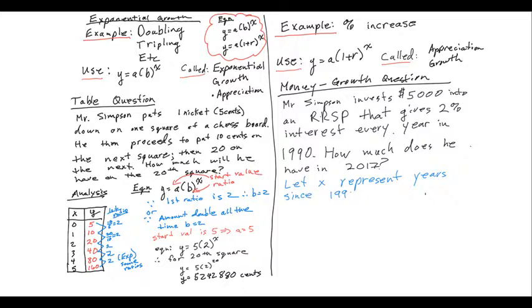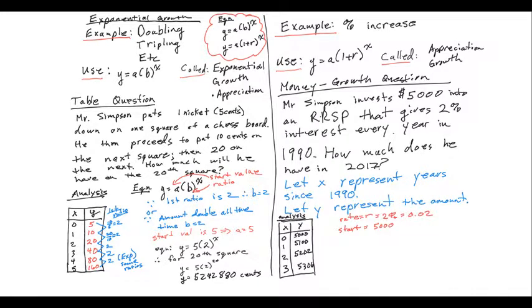In order to do this problem, you're going to have to tell me what x is and what y is. x is just going to represent the years since 1990, and we're going to let y represent the amount of money that I get. Before, we used to do an analysis, so if it was a small enough number, we could actually find the amount we needed in 2017. Now, you just got to remember that the 0 in the x column represents 1990, the first year, which would be 1991, number 1, and then 2, and then 3, and so on.